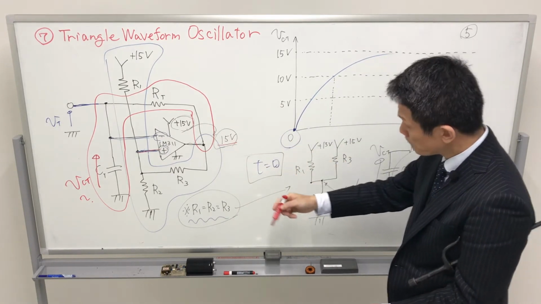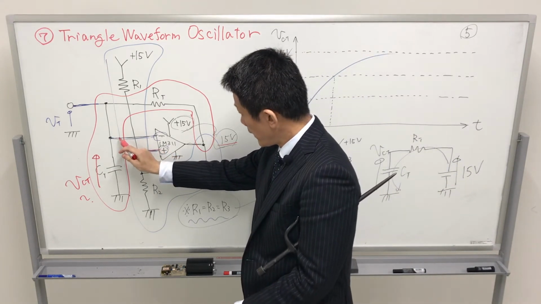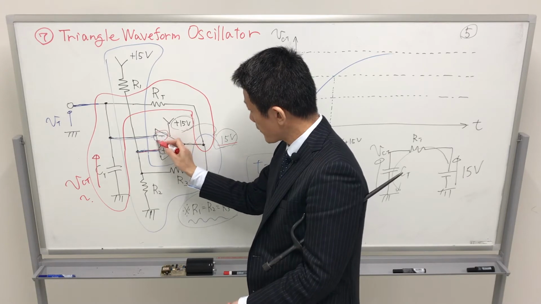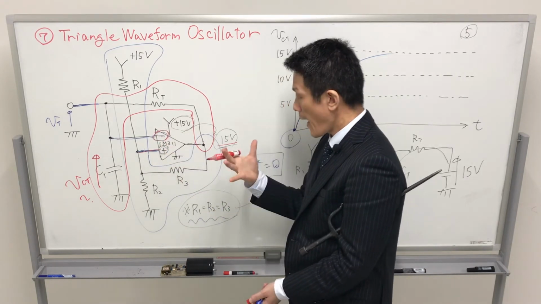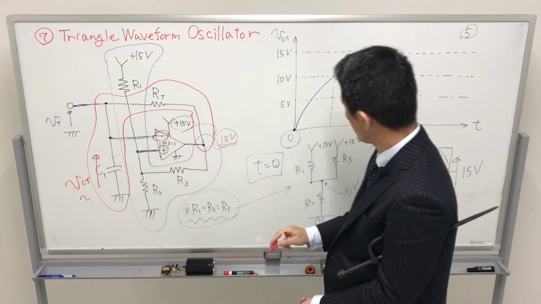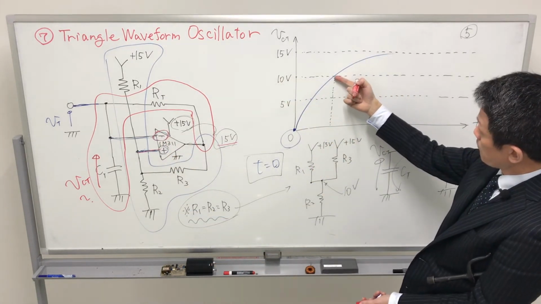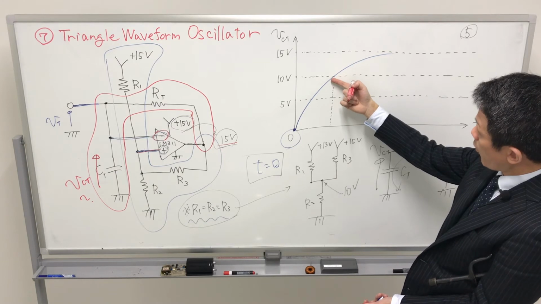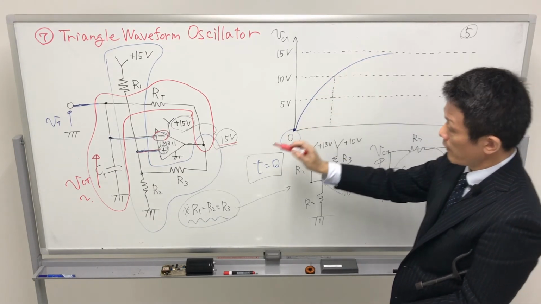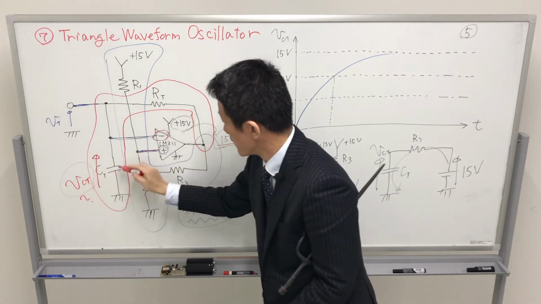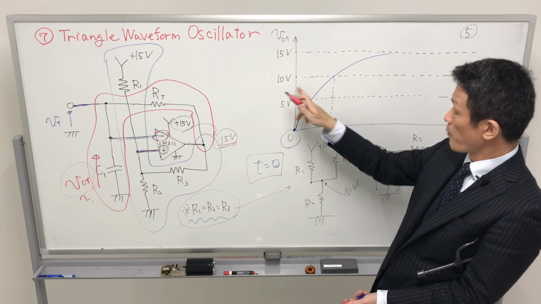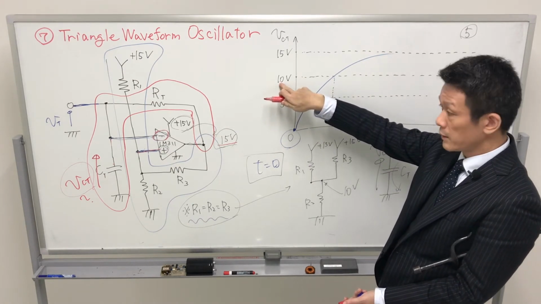However, VCT increases, and the minus terminal becomes the higher voltage because the positive side is at 10 voltage. So VCT is over as compared with the 10 voltage.